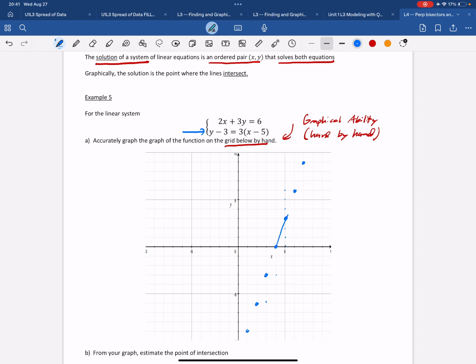So we're going to draw a line going through those. I don't like that line at all. Let's try it again. A little bit better. And then it's got to keep going through these. So there's one line.